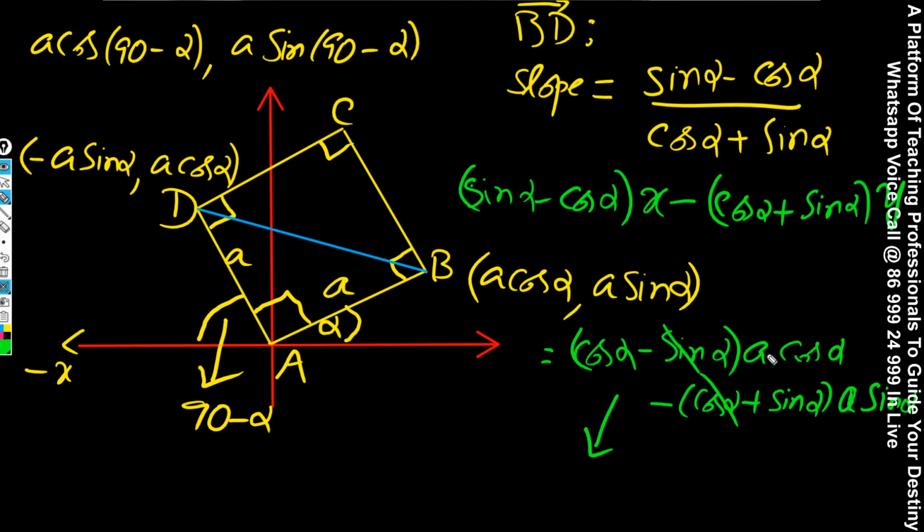A into cos square alpha plus sin square alpha, this is minus A, A into cos square alpha minus sin square alpha. So it should be A cos 2 alpha. So the line equation must be: sin alpha minus cos alpha into x minus of cos alpha plus sin alpha into y is equal to A cos 2 alpha. This should be your answer. Let us check it out.